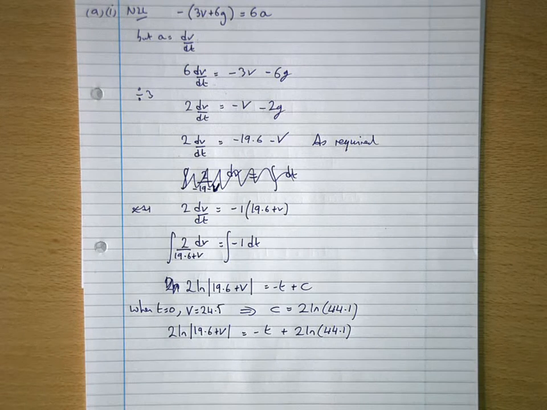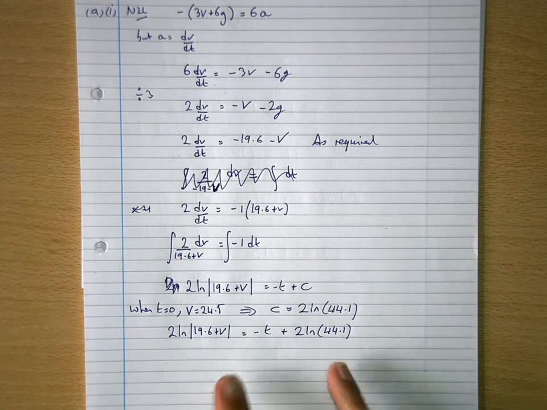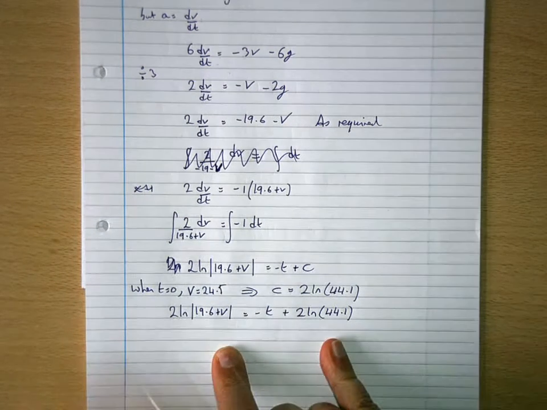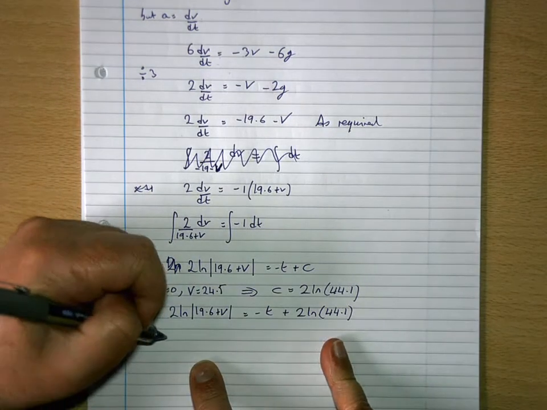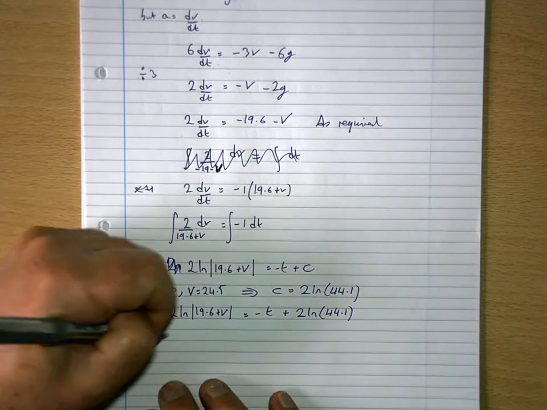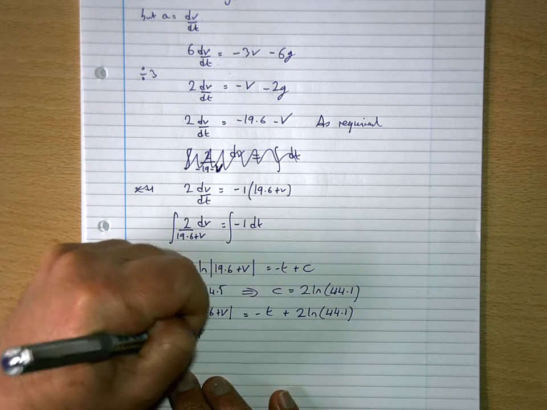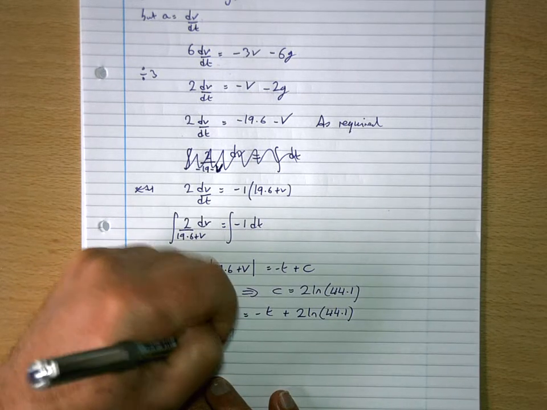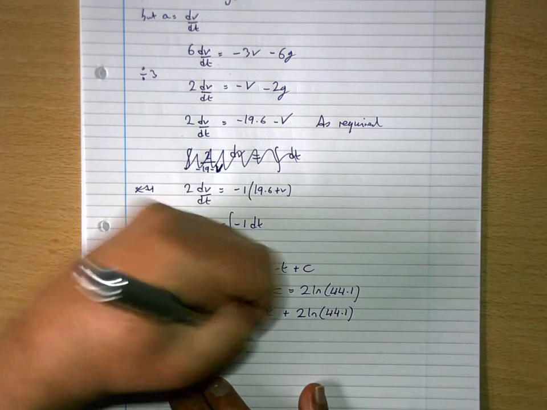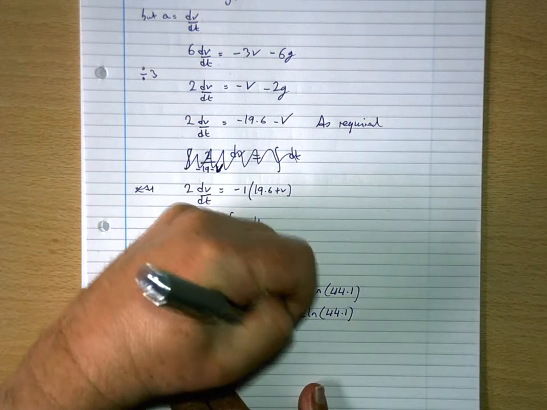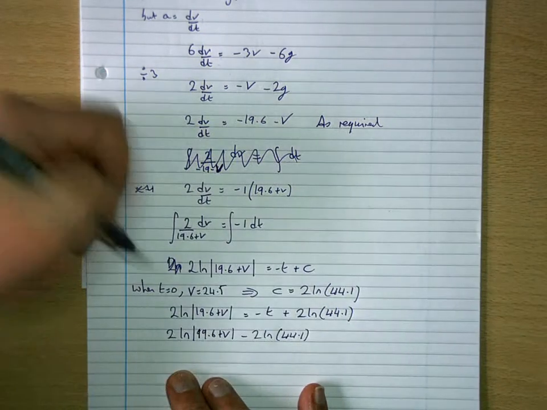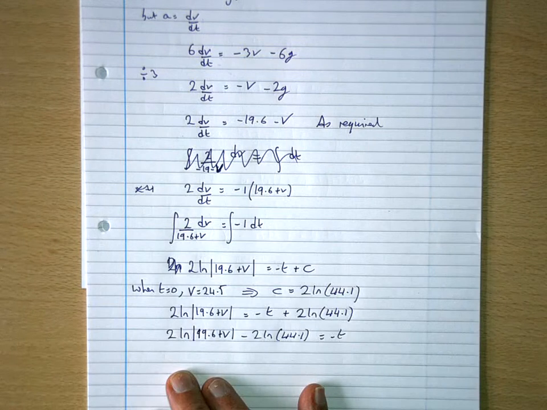And I want V equals. So I need to bring my natural logs together. So I get 2 natural log (19.6 plus V) minus 2 natural log 44.1 equals minus t.